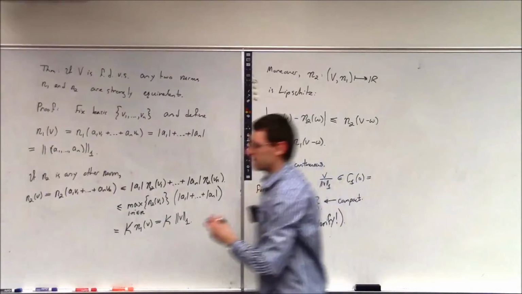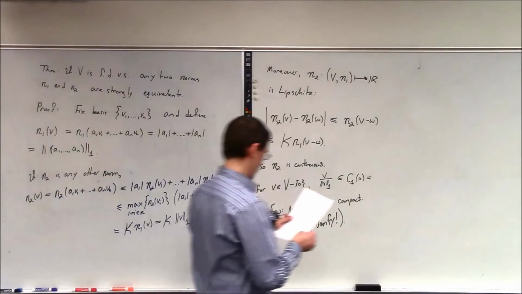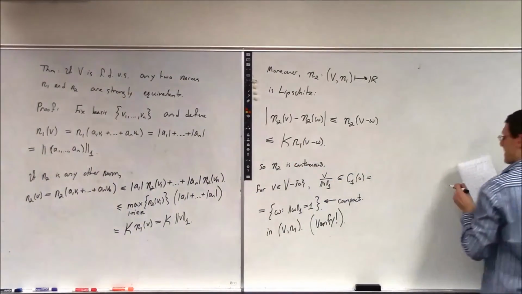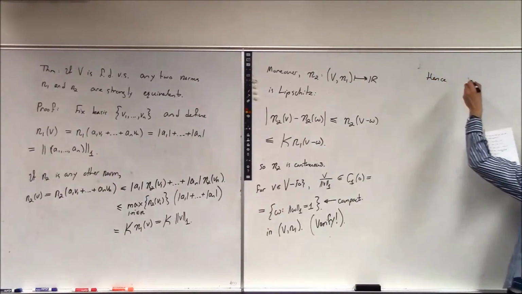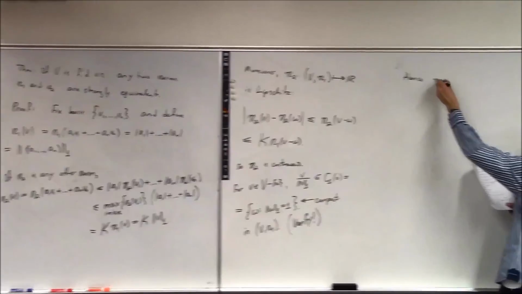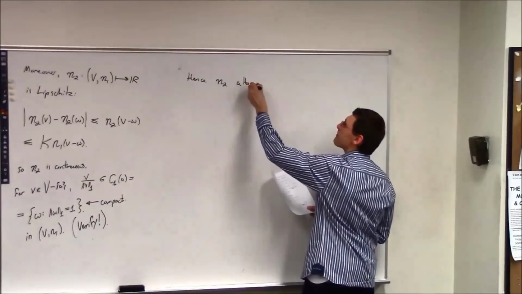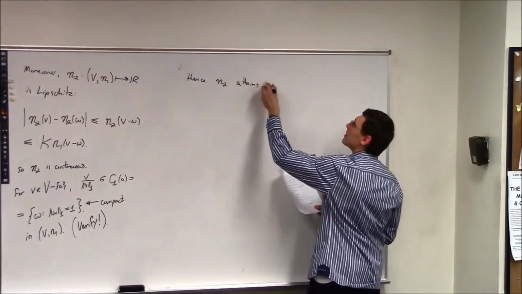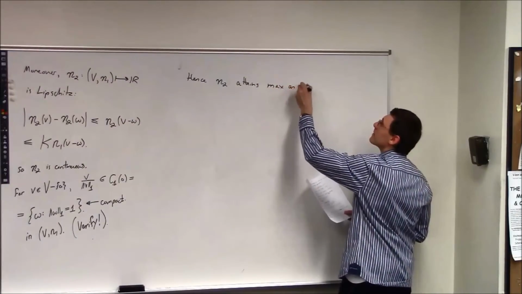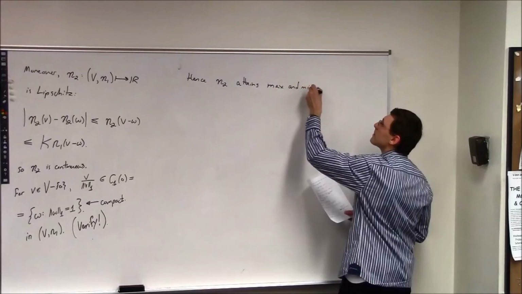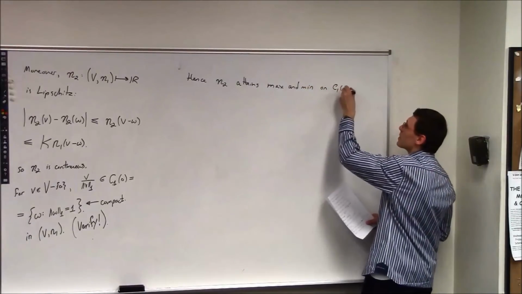So hence, N2 attains a max and min on C1 of 0.